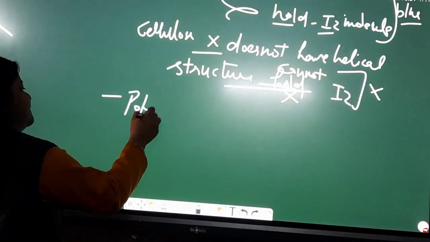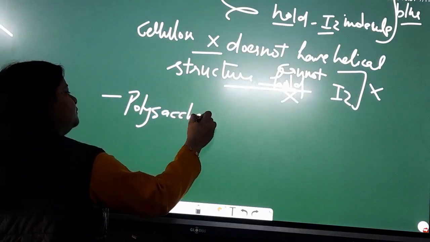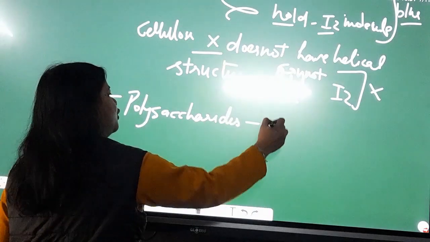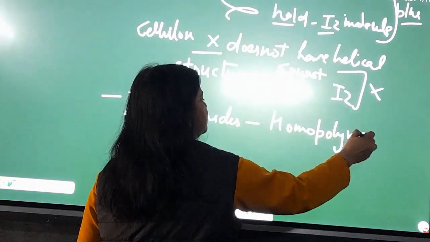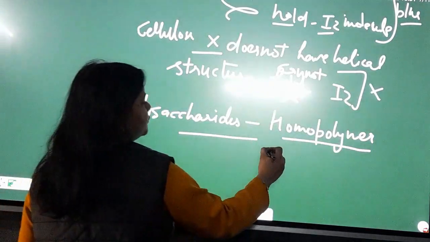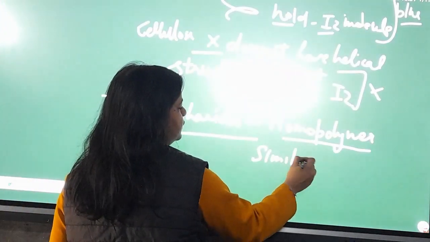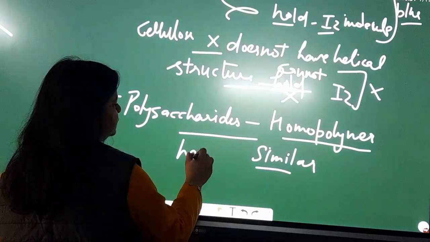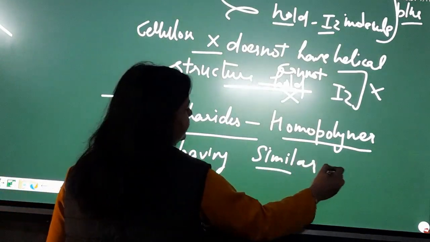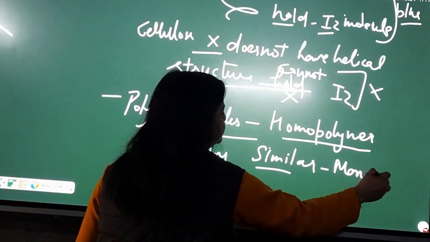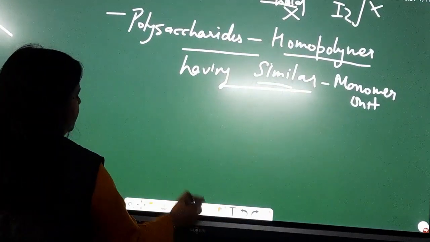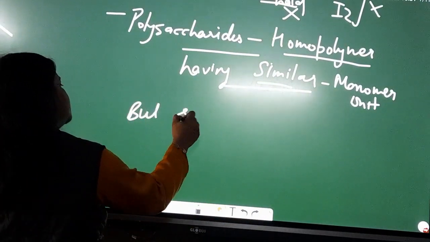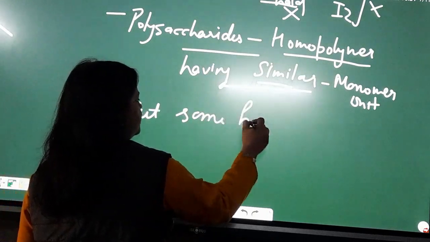Normally polysaccharides are homopolymers, having similar monomer units. But some heteropolymers are also there.